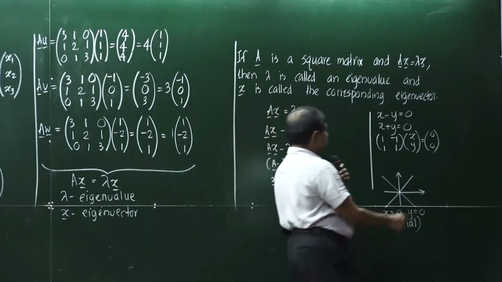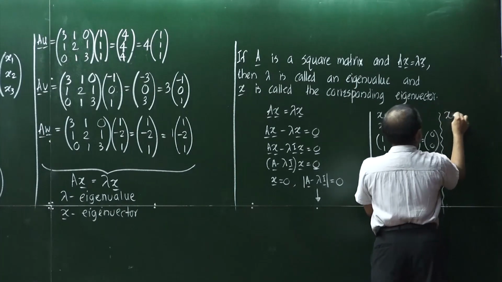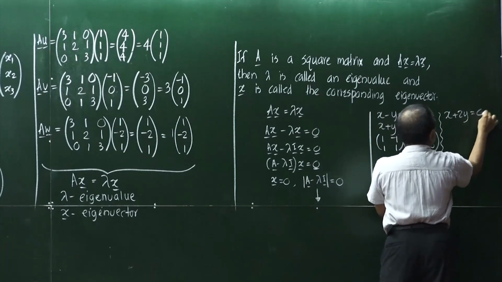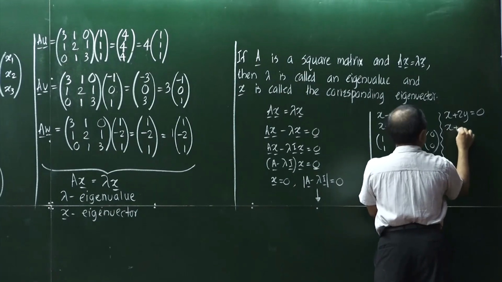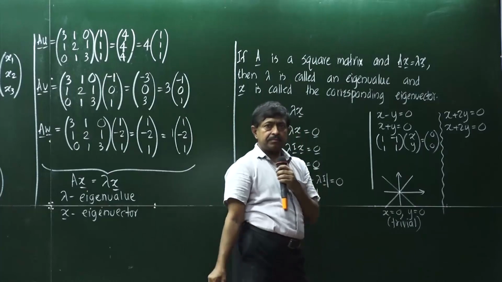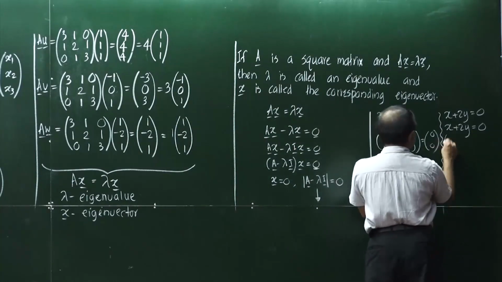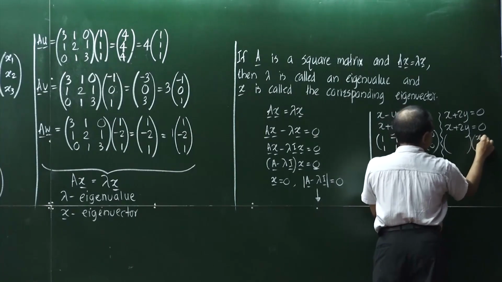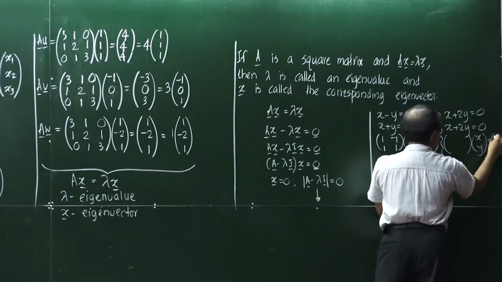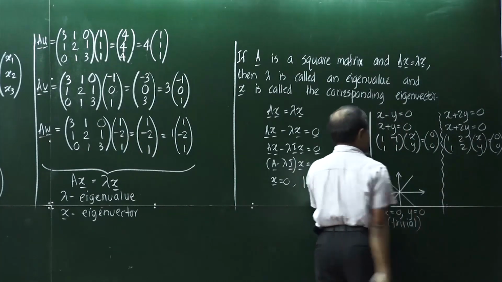Right? Now what about the other one? Let's come up with some other example. X plus 2y is equal to 0. There are two equations apparently, but both are the same. If you try to represent it using matrices, here you have 1, 2, 1, 2.